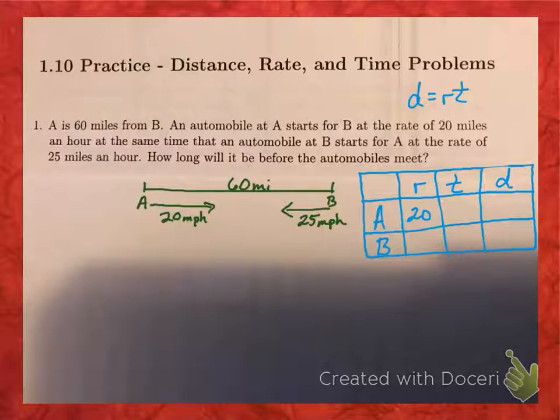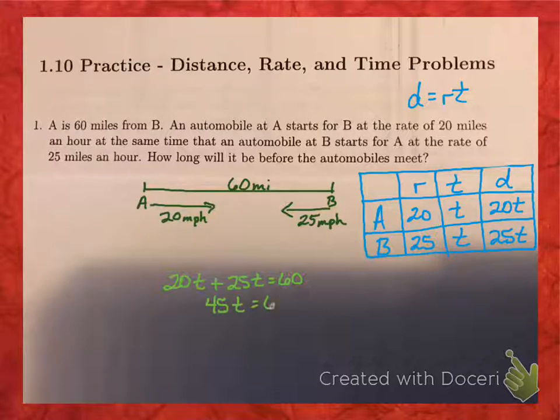Train A travels at 20 miles an hour for T hours, that multiplies together to give us 20T. B is going 25 miles an hour times T to give us 25T. We're going to add those 2 distances together. 20T plus 25T is going to equal 60 miles. That's 45T is equal to 60.